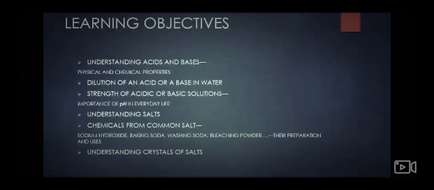Number 4, importance of pH in everyday life. Number 5, basic definition of salt and the chemicals derived from common salt, that is caustic soda, sodium bicarbonate, sodium carbonate, and bleaching powder. Crystals of salt.